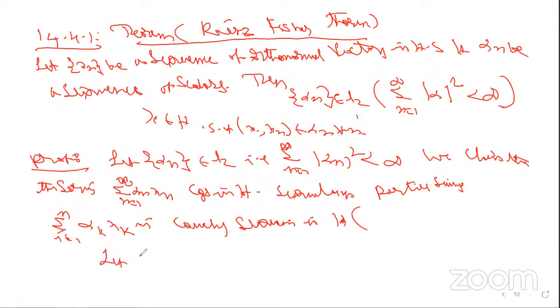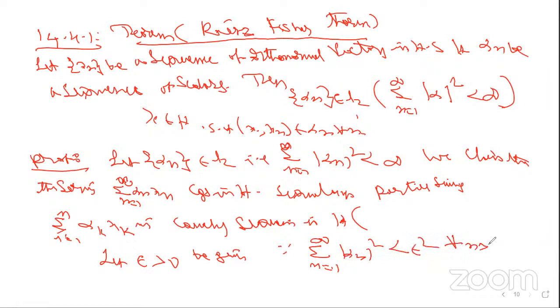Let epsilon greater than 0 be given. Since the sum from n equal to 1 to infinity of modulus alpha n whole square converges, the tail is less than epsilon square for all n greater than m greater than or equal to n naught.